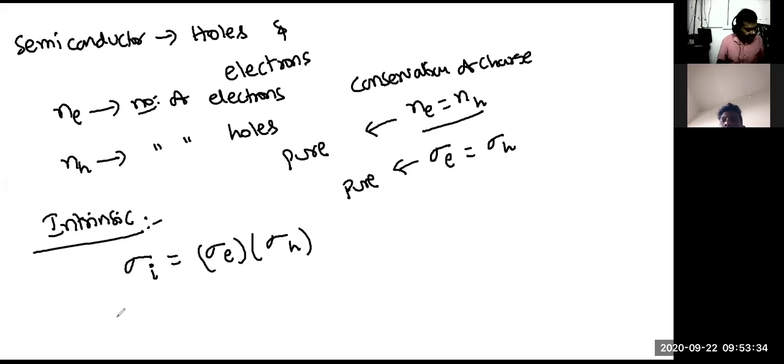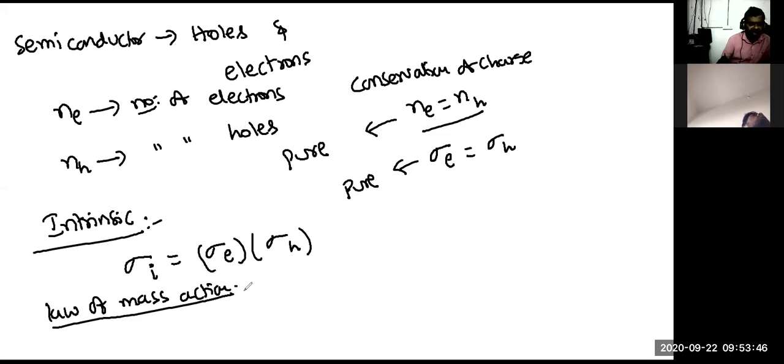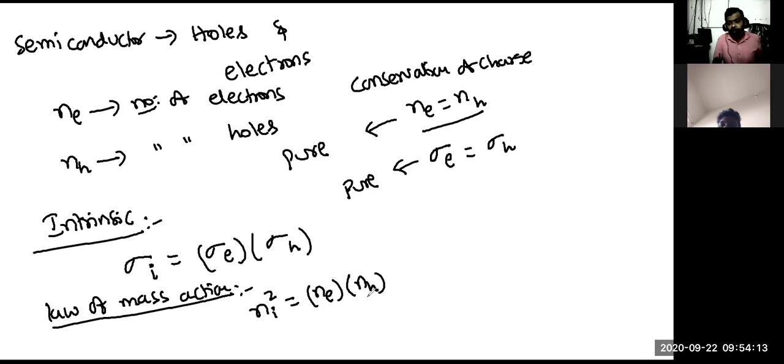Here we have a law which is called the law of mass action. According to this, the square of the number of particles in the intrinsic semiconductor is equal to the number of electrons in the given semiconductor times the number of holes in the given semiconductor.